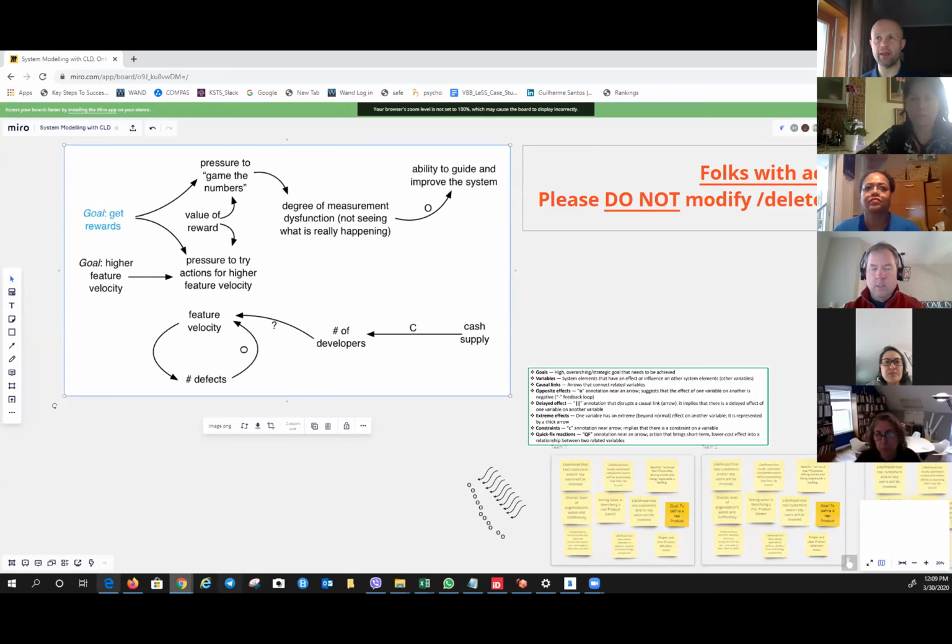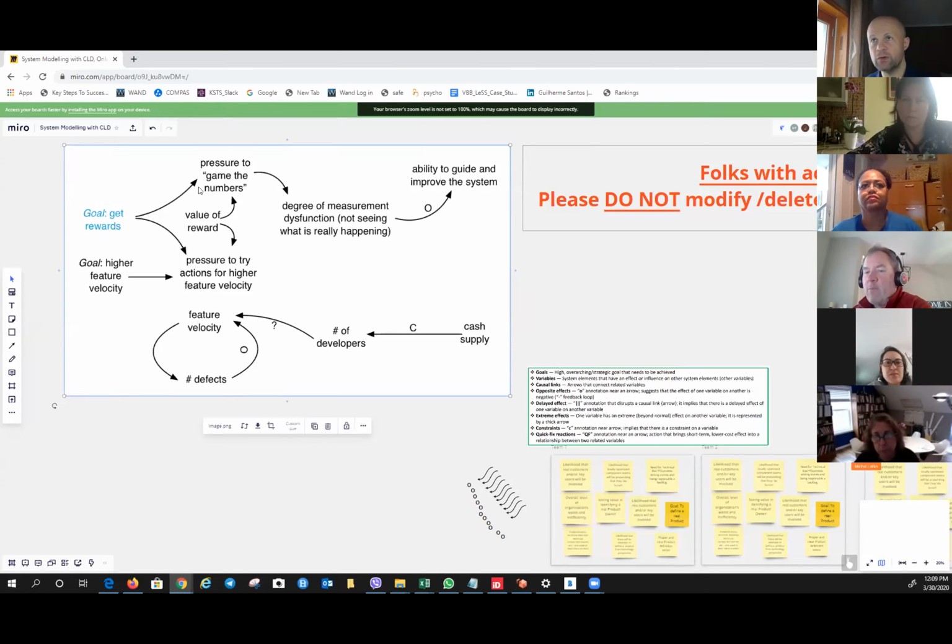What you're looking at right now is a snippet from the less.work site where there is an illustration of some of the cause and effect relationships between different system variables. Here's an example. There's an organizational system optimizing goal, as we call it, to get rewards.